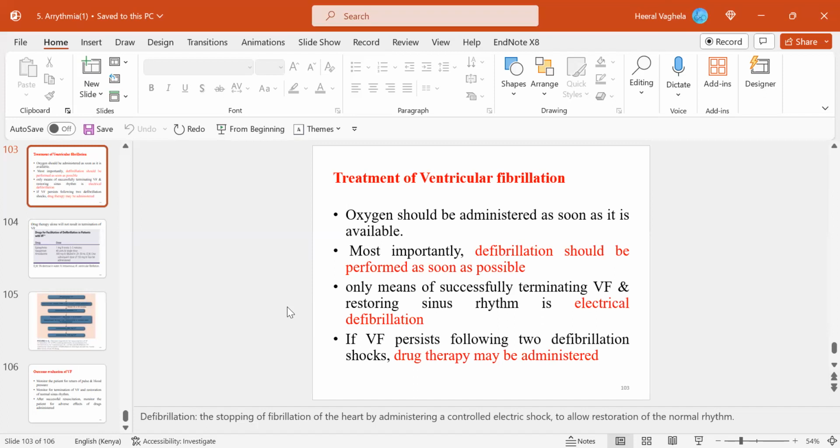These QRS complexes are usually similar in shape, that is monomorphic, but when it's polymorphic, they're usually different, though it's quite rare to see that. For patients with normal left ventricular function, you give drugs like procainamide and amiodarone, but if it's reduced or preserved ejection fraction, then you give amiodarone.